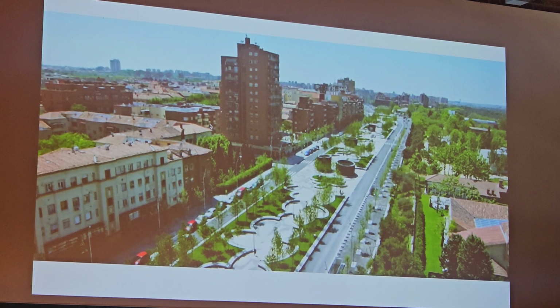Another, of course, big project of Madrid was looking along the river and a gigantic road. Like many cities, they had a gigantic road infrastructure that was cutting public space and cutting the relationship of the city to the river.